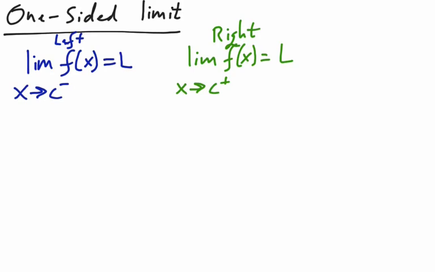The only difference is, notice, there's a minus sign above the C, or a plus sign above the C. That's the only difference between a regular limit and a one-sided limit. So for a left-sided limit, you're approaching C from the negative side of C, from the left, and for a right-sided limit, you're approaching C from the right side or the positive side of C.